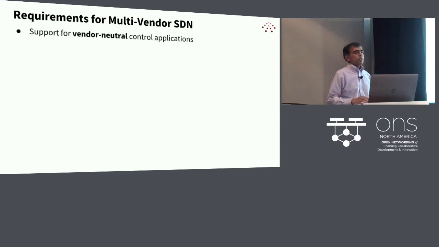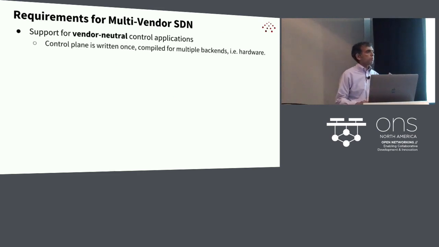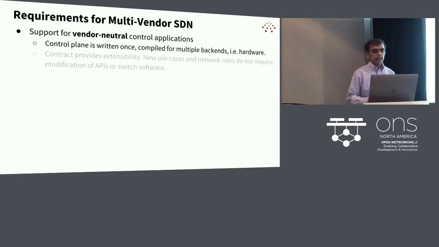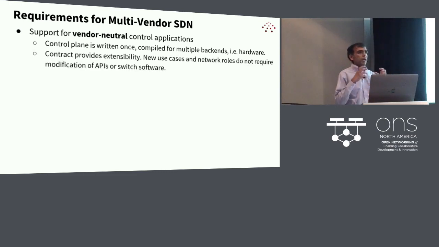We want to be able to write control applications. We want to be able to express a network intent in a vendor-neutral manner. What that means is we write once, but are able to apply that to multiple devices. So we want a contract that is extensible, but almost in a sense immutable.